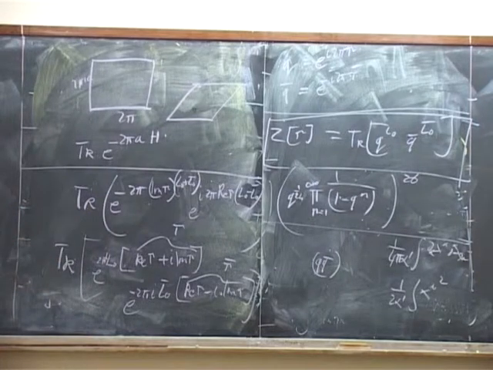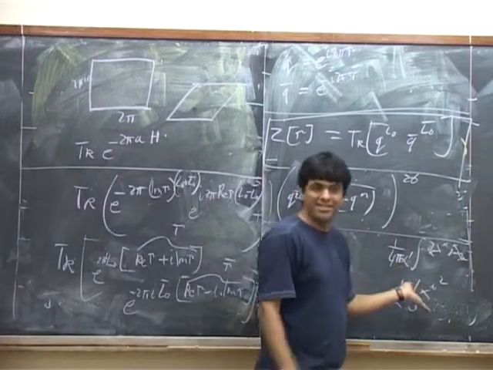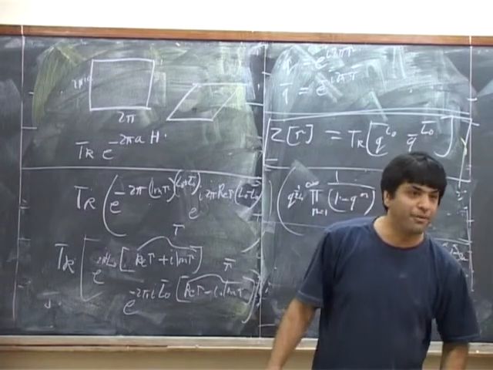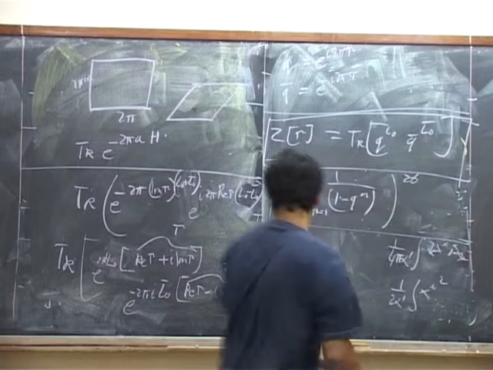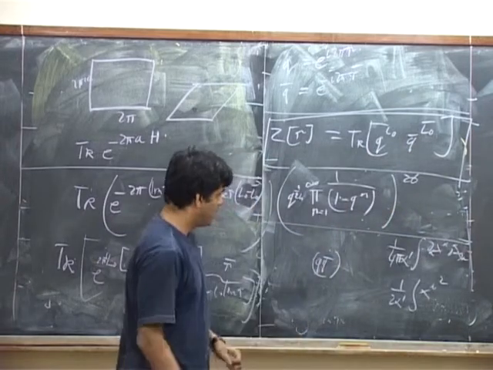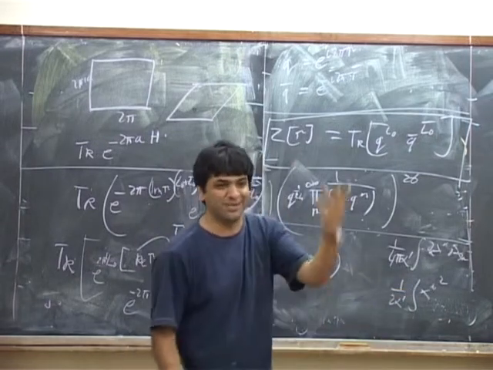This is exactly the Hamiltonian of a non-relativistic particle of mass 1 over alpha prime. So we have the same spectrum in this theory as for a non-relativistic particle of mass 1 over alpha prime. So what's the spectrum? No, this is the Lagrangian, m by 2 x dot squared.